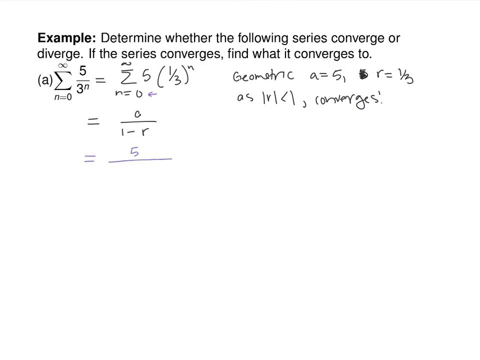So we'll have 5 over 1 minus 1/3. Simplify that by multiplying the numerator by 3, the denominator by 3, which makes that 15 over 3 minus 1, or 15 halves. So that series will add up to 15 halves.